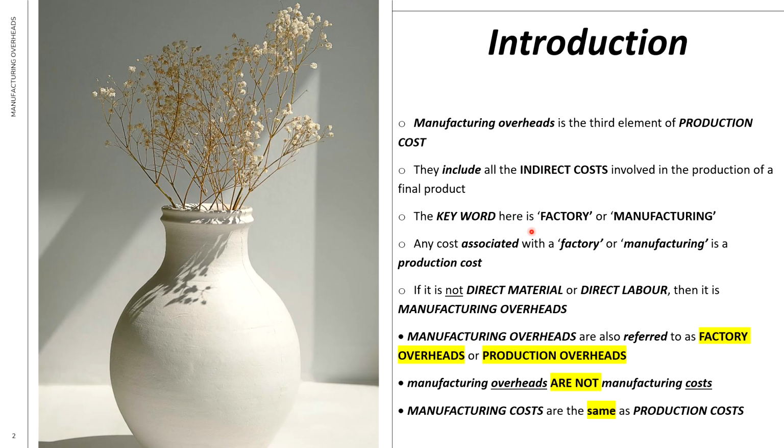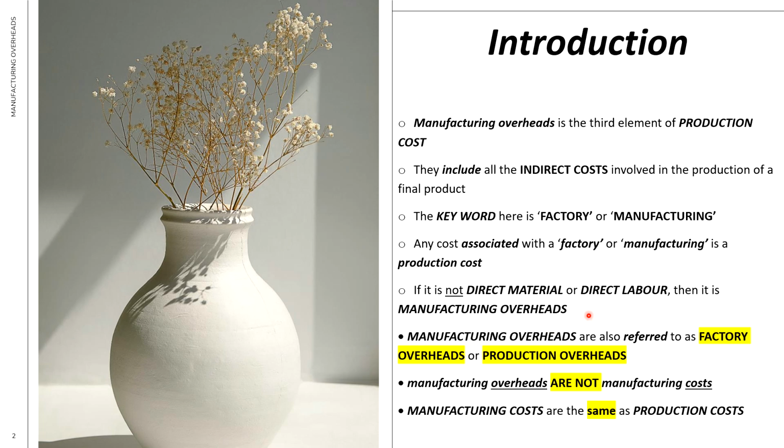So here the key word is factory or manufacturing. So any cost associated with a factory or manufacturing is a production cost, right? If a cost in the factory is not direct material or direct labor, then it is manufacturing overheads, right?